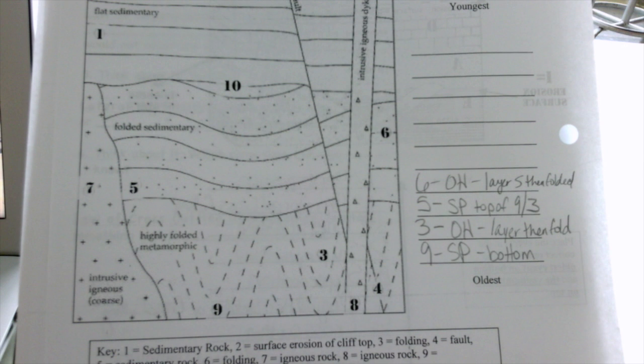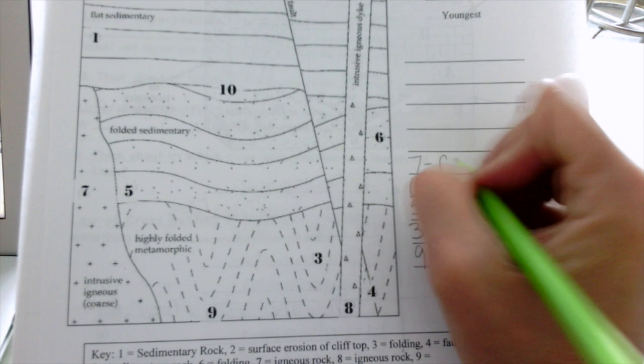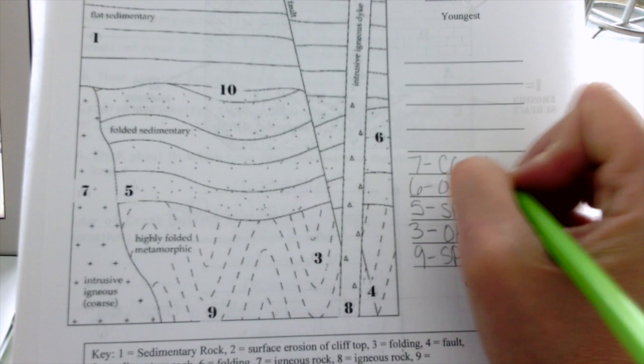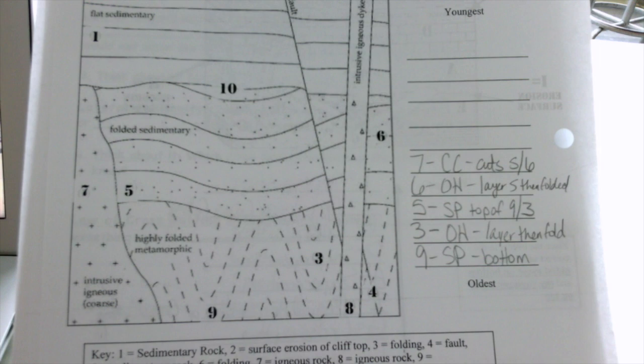Okay. Now, if I look, I can actually get layer 7 by cross-cutting because it cuts through 5 and 6 as well as all the others.